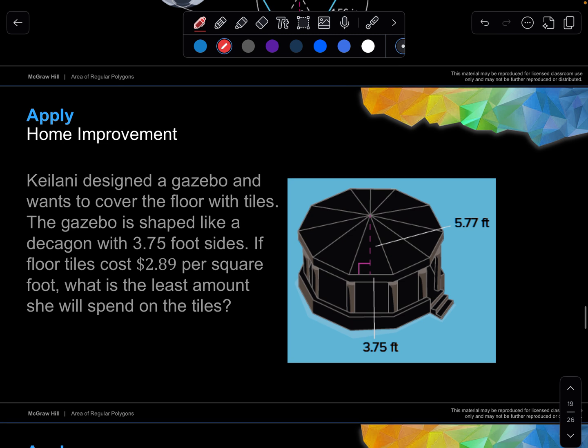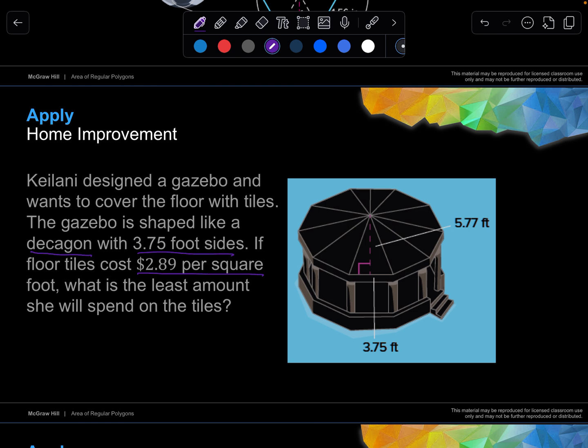All right, looking at our apply problem. Kaylani designed a gazebo and wants to cover the floor with tiles. The gazebo is shaped like a decagon with 3.75 foot sides. If floor tiles cost 2.89 per square foot, what is the least amount she will spend on tiles?